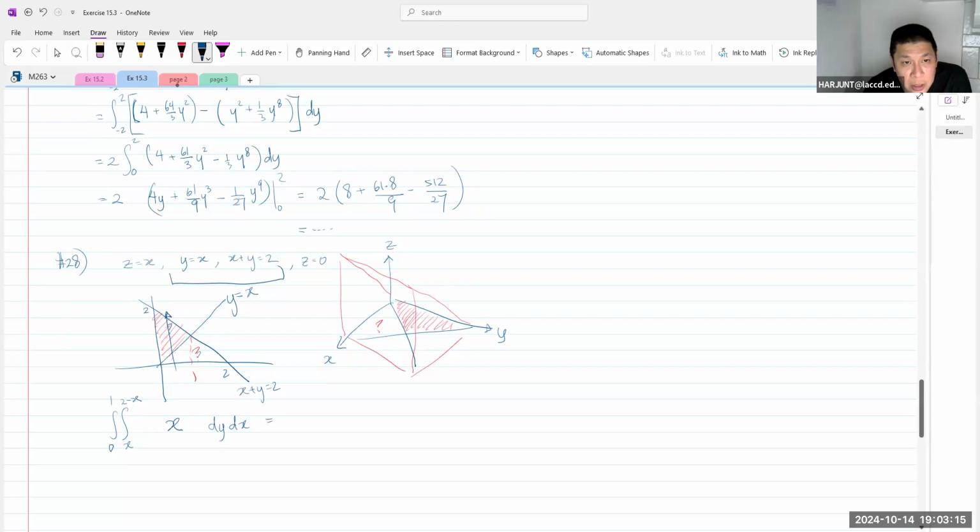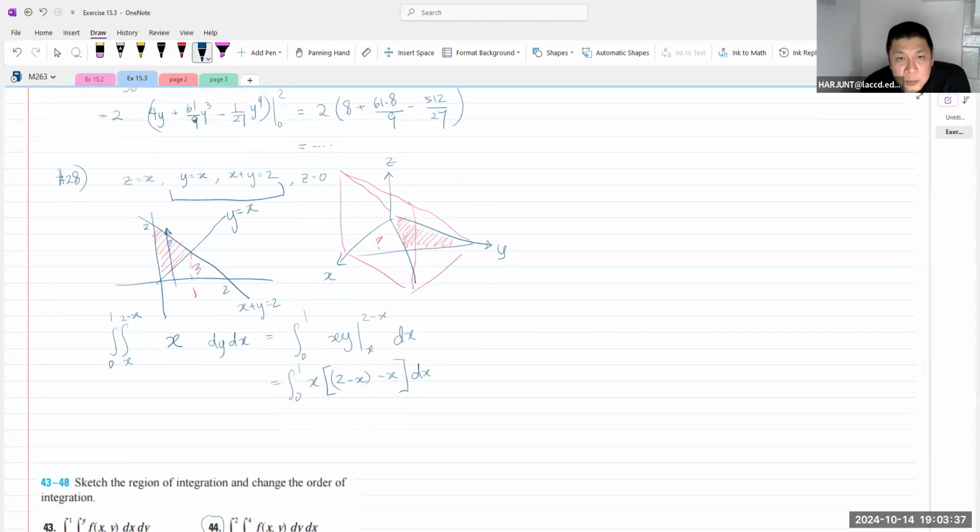To integrate that, that's the integral from 0 to 1 of xy from x to 2 minus x dx. It's the integral from 0 to 1 of x times (2 minus x) dx.